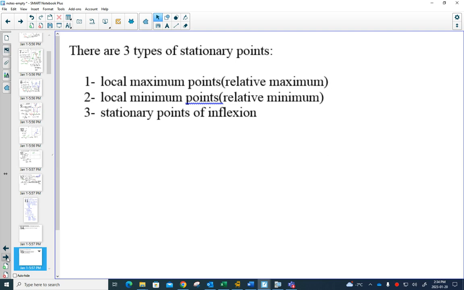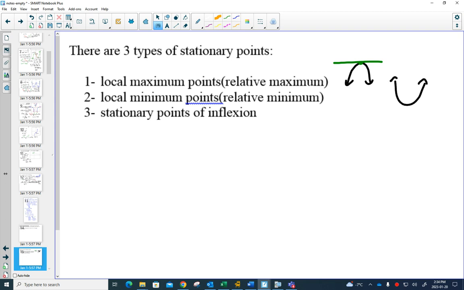There are 3 types of stationary points, and we have seen all 3 of them. The first one is a maximum point. Does it make sense that when you have a maximum point, your tangent would be flat? Second one is a minimum point.